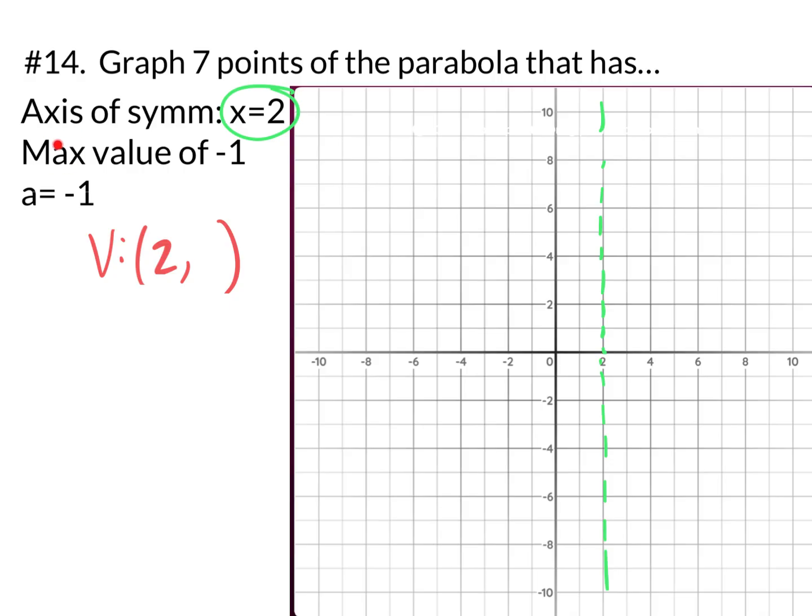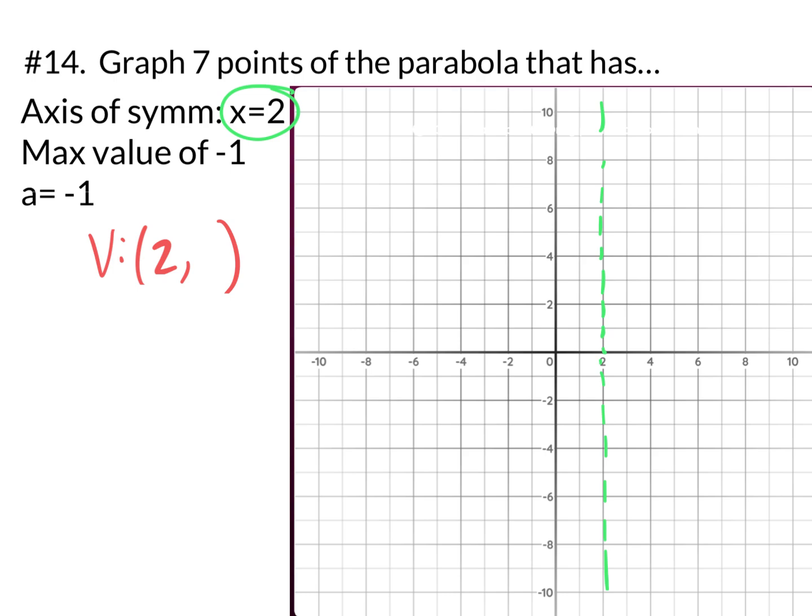When they say max value, like if you throw something up in the air, it's going to reach a maximum height, and then it's going to come back down, right? So max value tells you that your parabola is opening down, and it says it has the max value of -1. So it's not going to reach 10. It's not going to reach 4. The highest value is going to be -1.